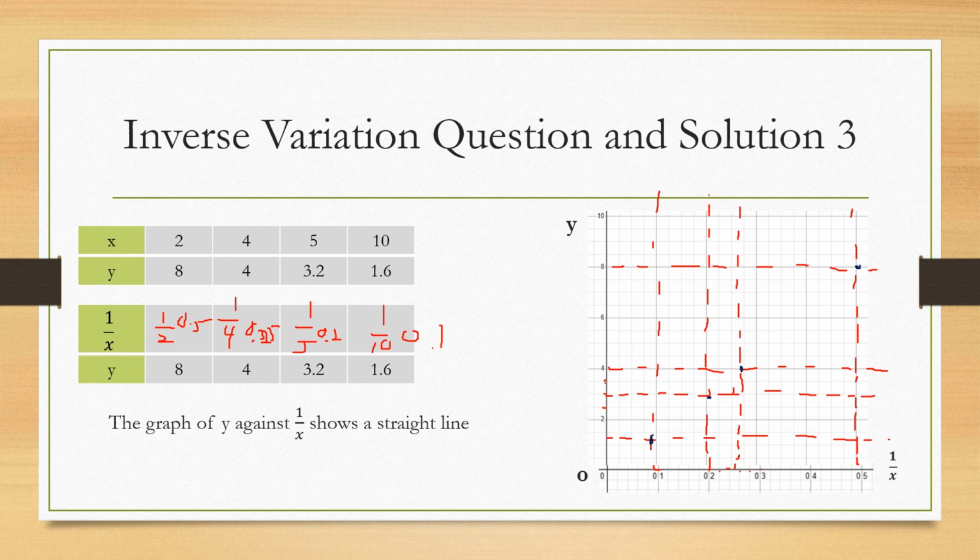The curve of y against 1 over x is a straight line. Oh yeah, we need a straight line. So this means that 1 over x varies inversely with y. Yeah, that's why y varies inversely as x.